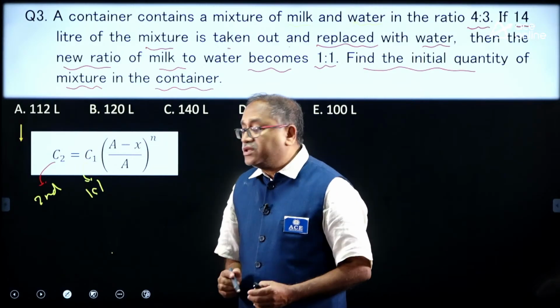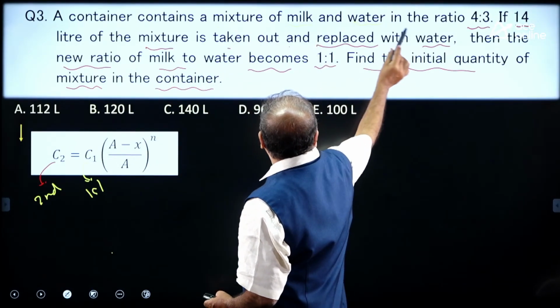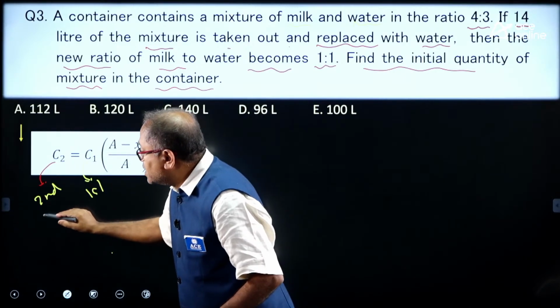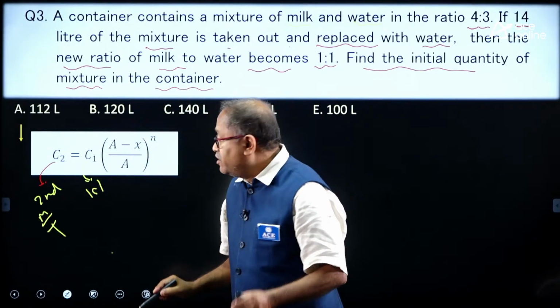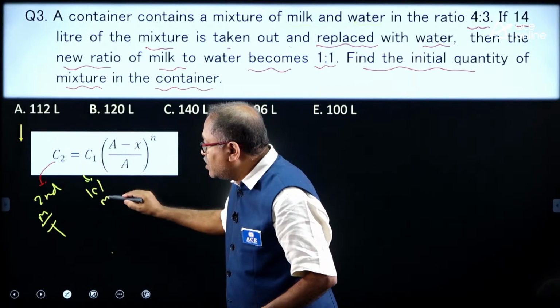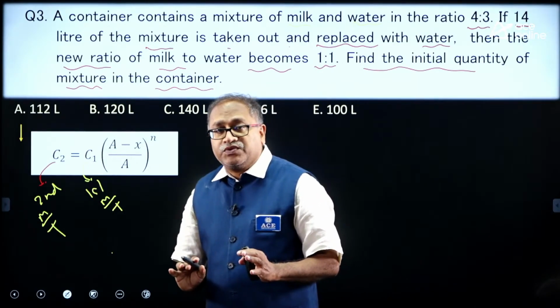In the first case, the milk by total, the second ratio also the milk by total. In the first ratio also milk by total. I need to write this way.